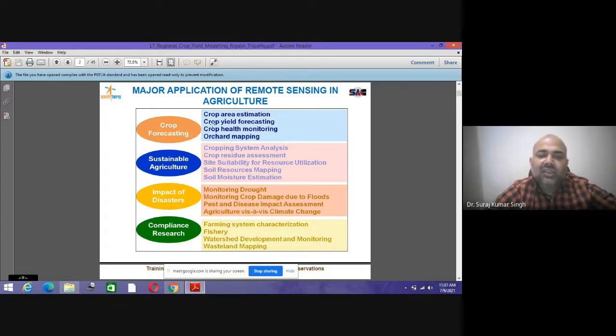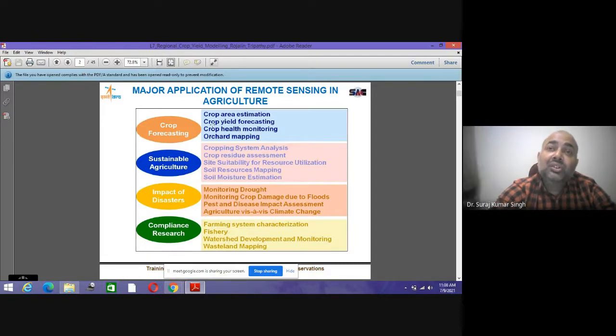All such modeling, and all such health-related issues, on different dates we'll have multi-temporal satellite data of October, September, August, July, and then we'll see the development of the crop phenology. What are the stages, whether there is any crop infection, any disease infection, and if so what kind of disease, in which parcel of land it is infected, and what medication has been prescribed by the agricultural scientists to stop the disease spread.